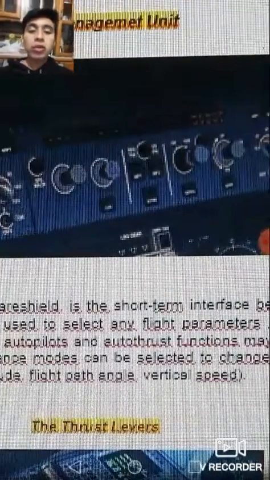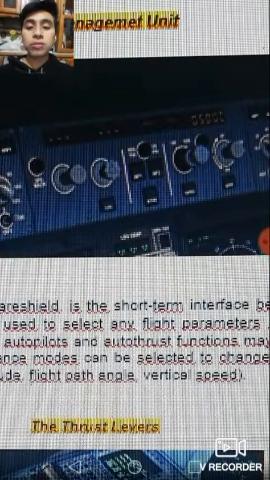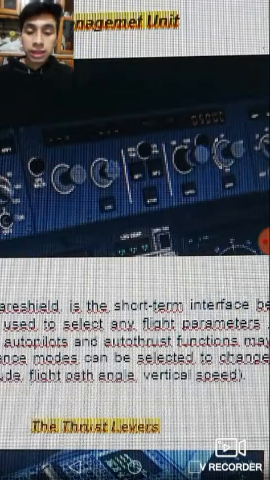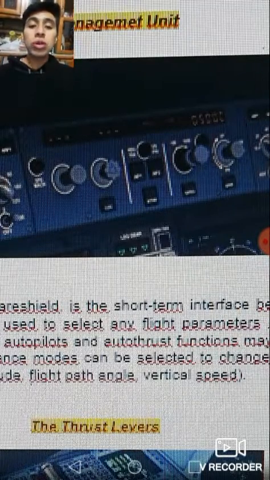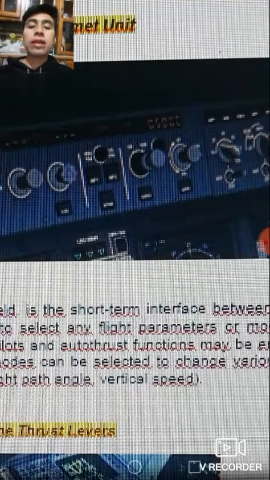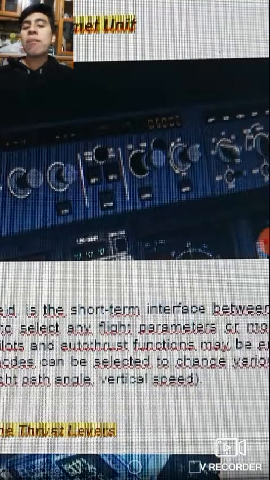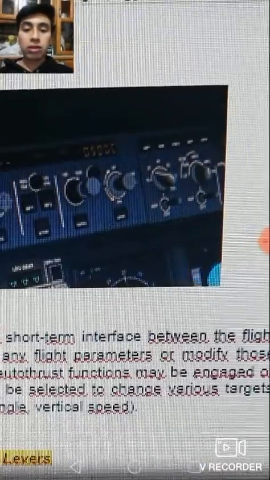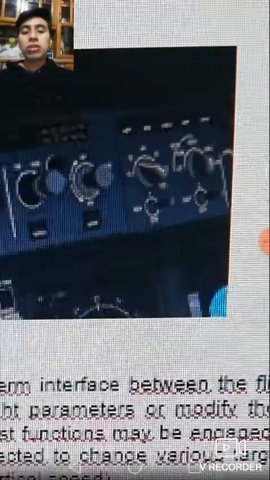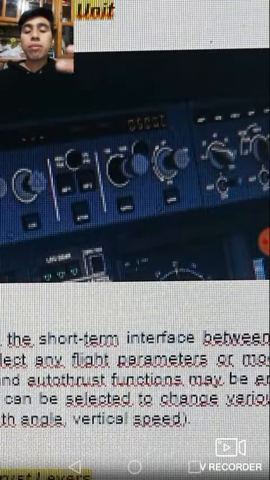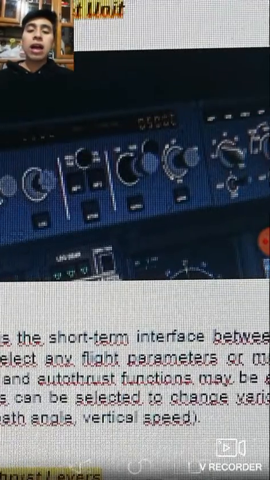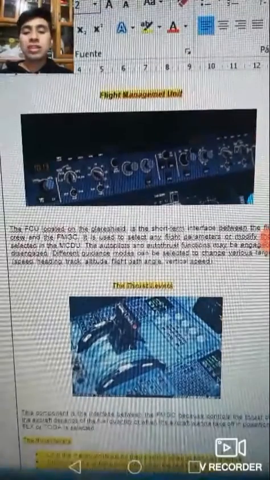Then, with your control of heading, and you activate in this panel control, you activate your autopilot 1, autopilot 2, and control the FD, all the principal displays in this aircraft. And you control vertical speed. I mentioned this, and other things you see in the aircraft.